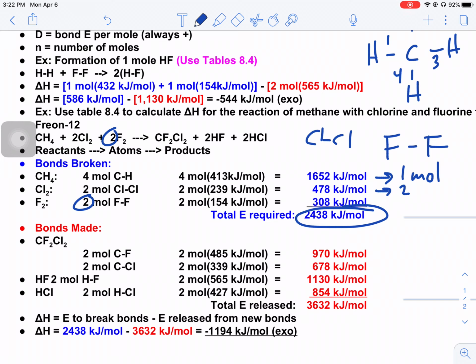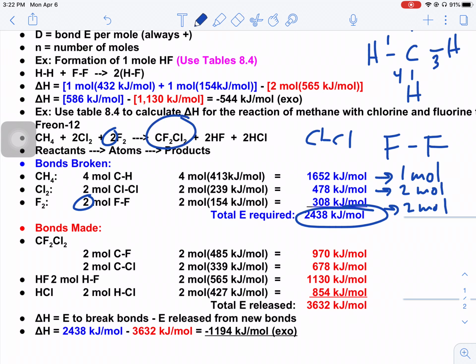We have 2 moles of chlorine, which has a single covalent bond, and we have 2 moles of fluorine, which has a single covalent bond. So it's going to take us 2,438 kilojoules to break all the bonds on the left side of the arrow. So that's money that we have to invest. We're putting energy in. Now, if we look at the other side of the equation, we're going to make new molecules.